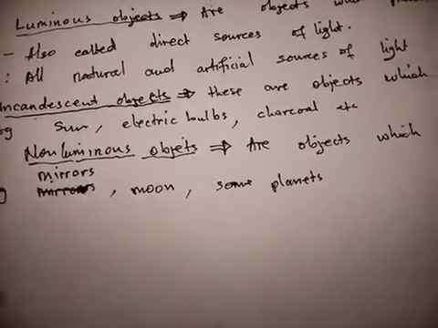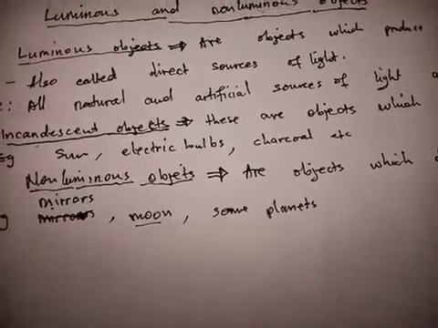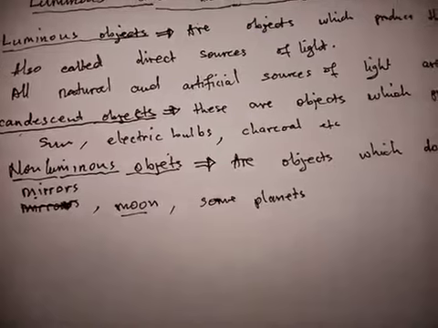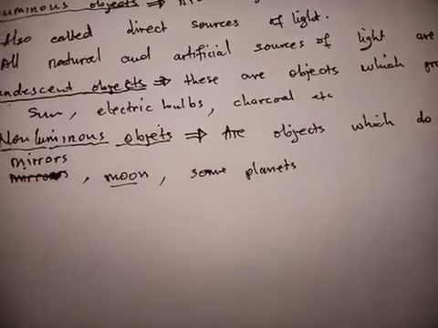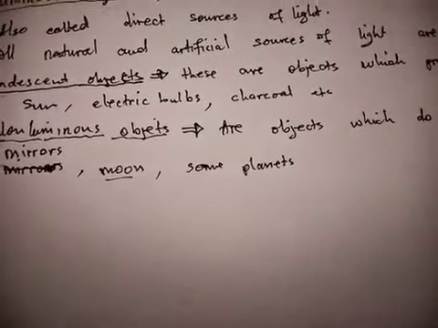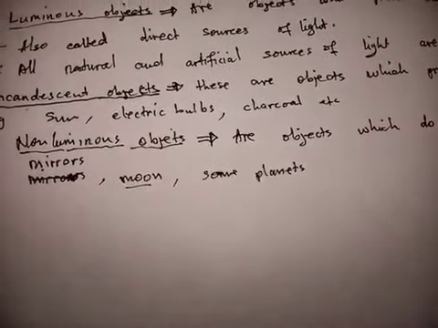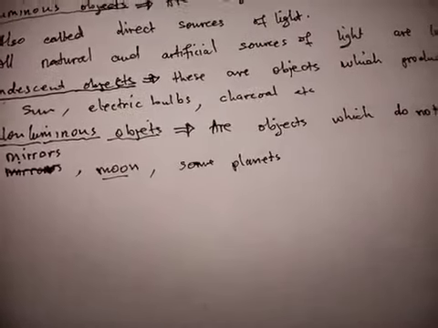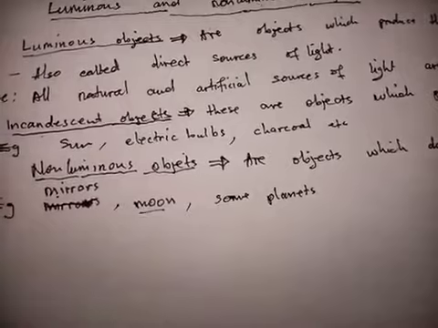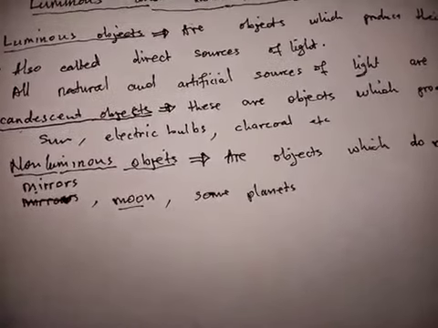Then we talked about the moon. We said that the moon reflects its light from the sun. Therefore, it is not a source of light. It does not produce its own light, and therefore it is a non-luminous object. Then some planets.